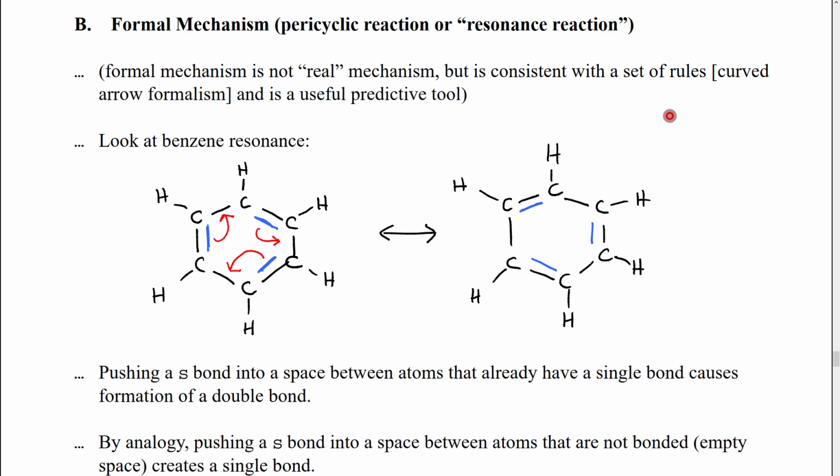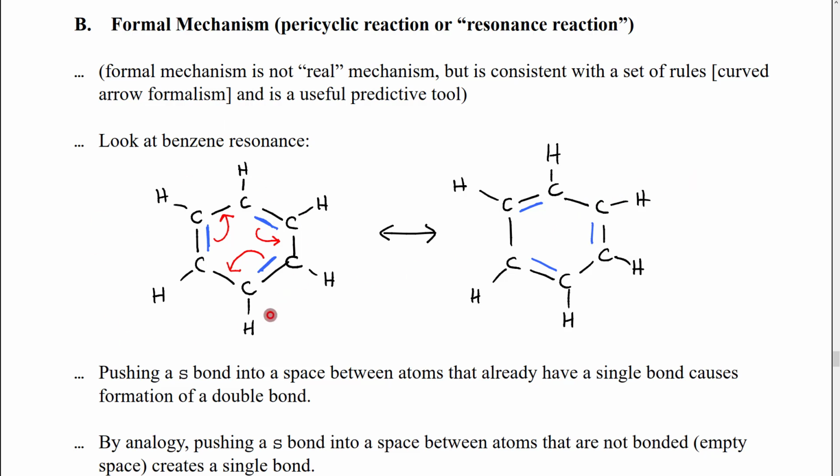To understand this particular mechanism, we need to start by looking at the benzene resonance. This is something that we discussed a long time ago in an early chapter in first semester. We're going to start looking at this again next chapter when we look at aromaticity.